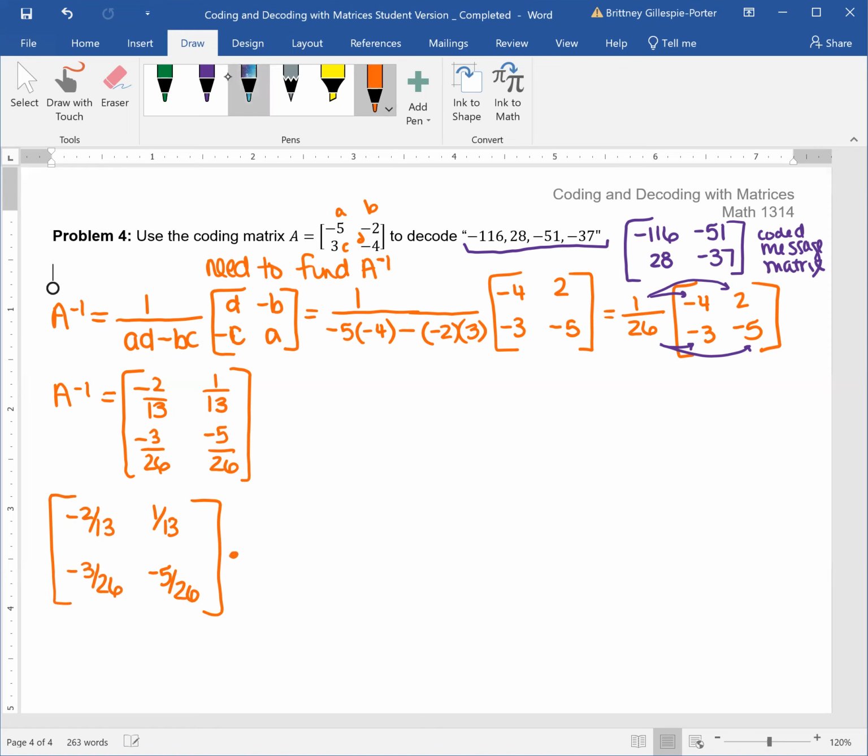So we're going to take that A inverse and multiply it by our coded message matrix that we already found, that -116, then 28, -51, -37. We have a 2 by 2 times a 2 by 2, which means we're going to wind up with a 2 by 2. I know, shocker. But when we're doing this by hand in college algebra, we are going to take the lower order matrices.